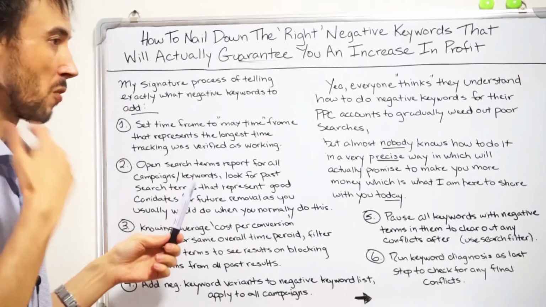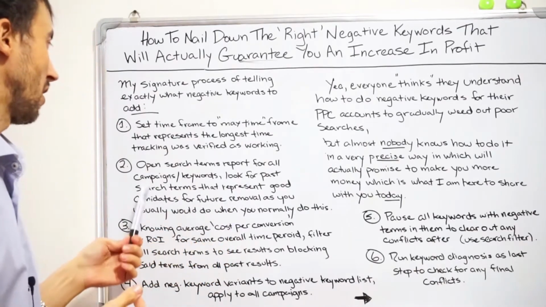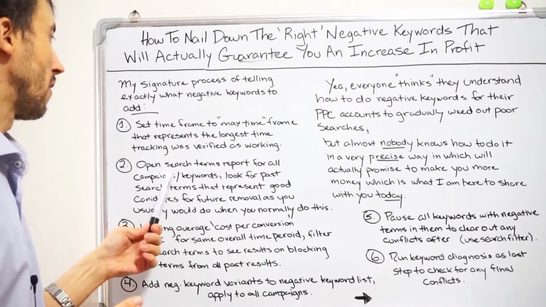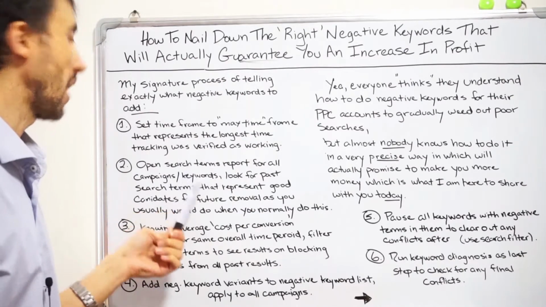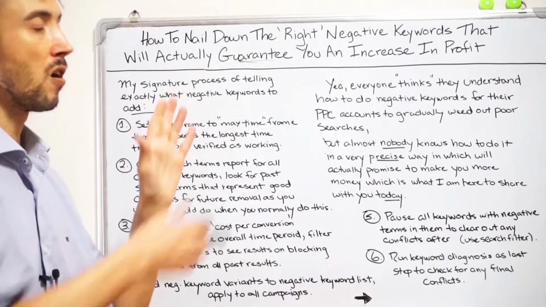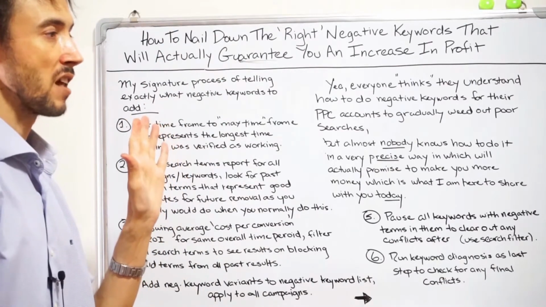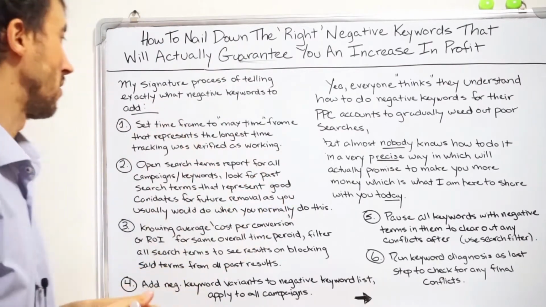So when your time frame is set correctly, open the search terms report to look at all campaigns' keywords. So all the search terms during that time frame from all search campaigns, basically.